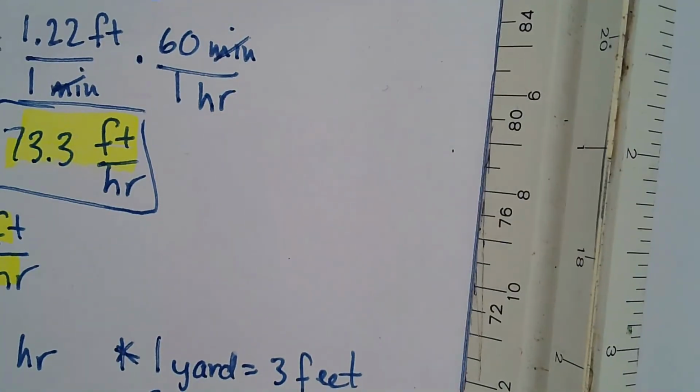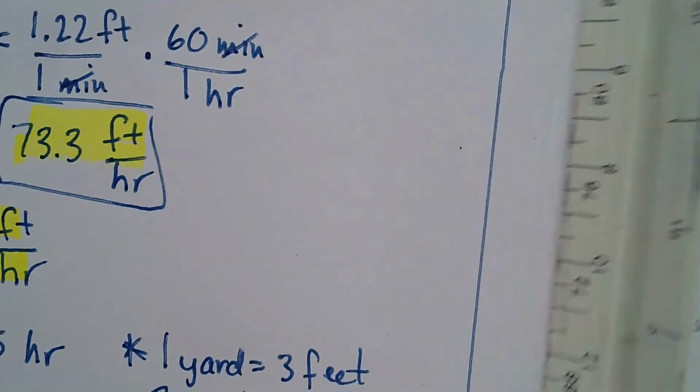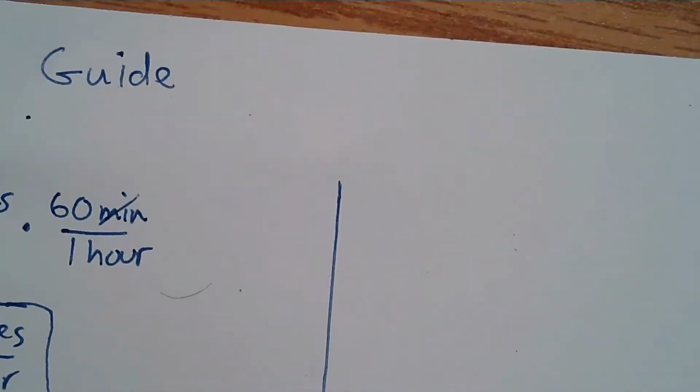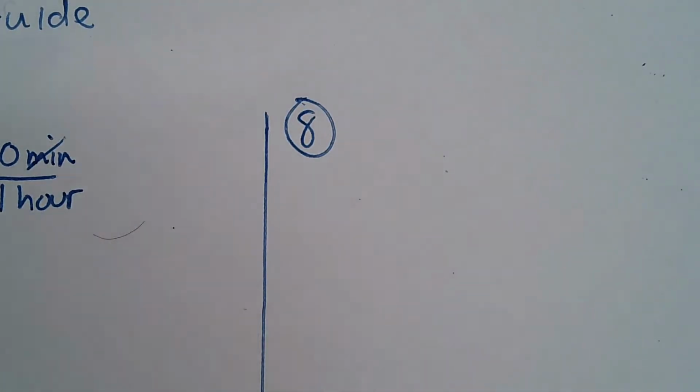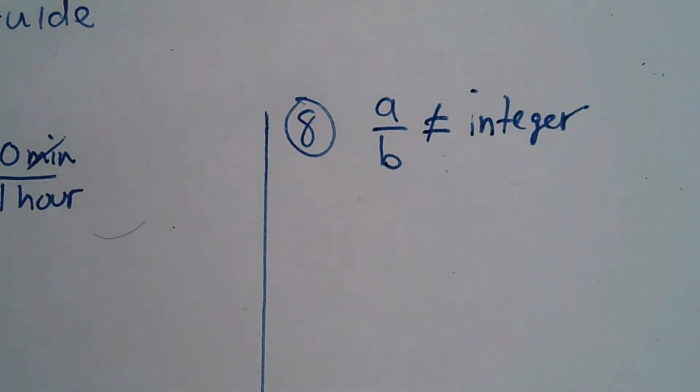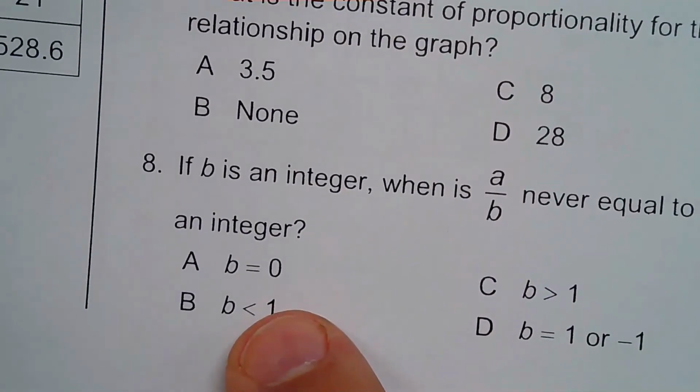I killed it, but didn't mean to do that. But anyway, I have number 8. And when is a over b never an integer? Well, the answer is when b is equal to 0.